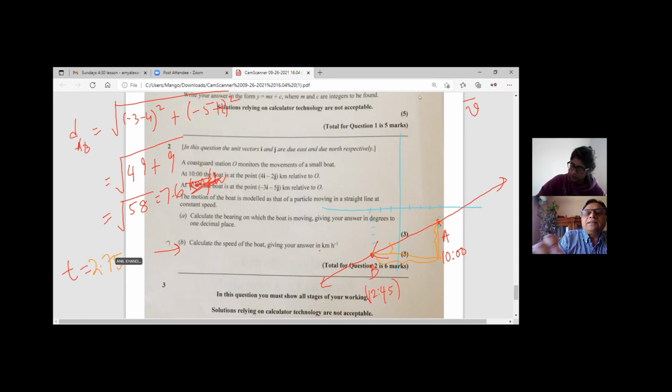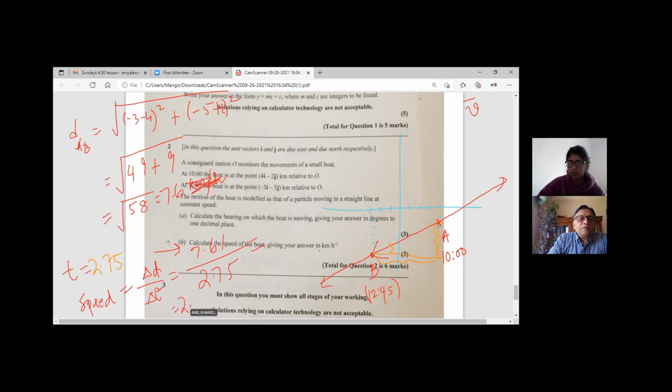Yeah. And therefore, we got the speed, which is change in distance over change in time. And the total is 7.61, whatever you got there, divided by 2.75, correct? And you have your answer: 2.77.